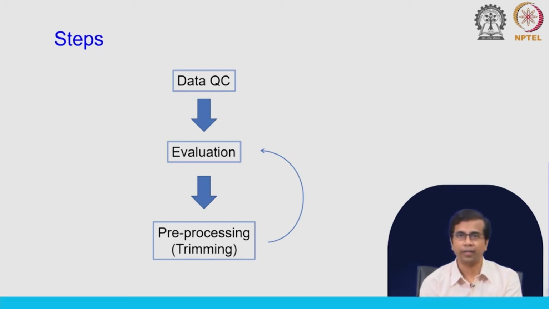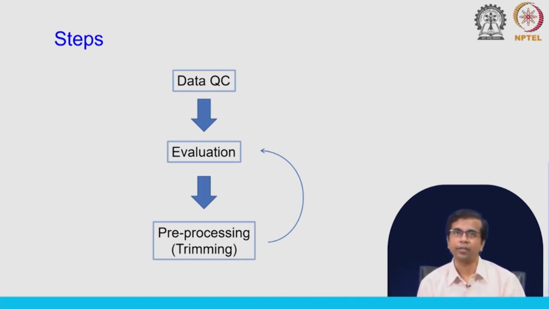If you can visualize in your mind, we have done the data quality control. Once you do that, you have to evaluate the results. Whatever results you have generated, you look at them and then decide if you need to do pre-processing, for example, trimming. We have talked about two types of pre-processing: one is duplicate removal, the other is trimming. If trimming is required, we will do it, but then once we do trimming, we have to go back to the evaluation stage again.